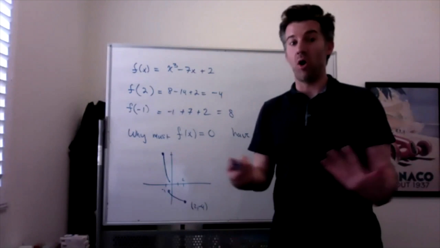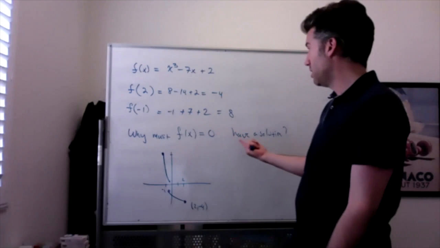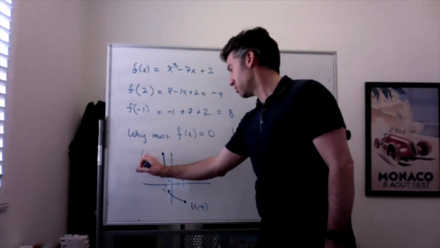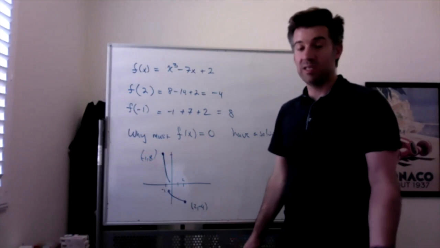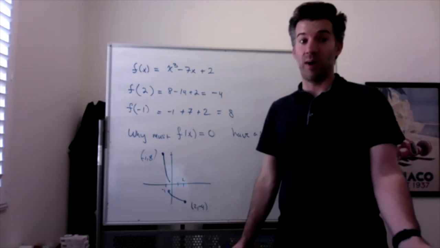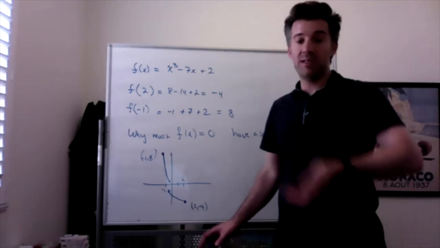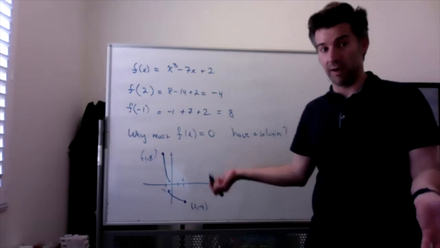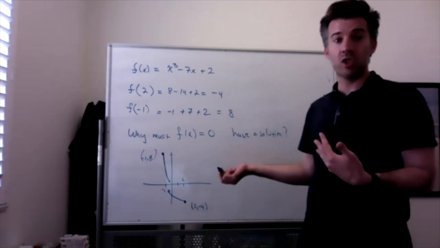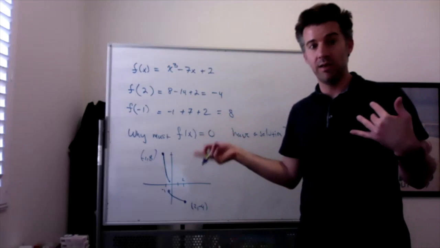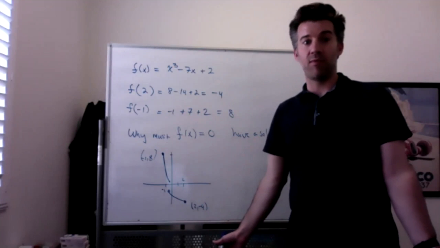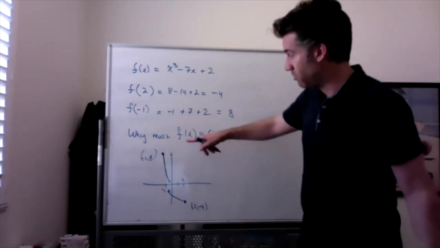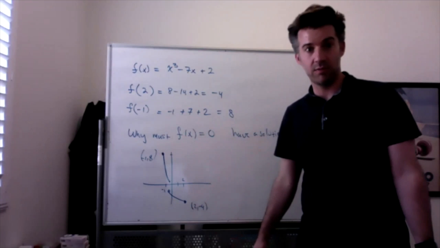You have to hit all the y values, in this case between +8 and -4. Specifically, we have to hit the y value of 0. And this is the whole idea behind the intermediate value theorem: if you have a function that is continuous between two points, you have to hit every intermediate value between the two y values.